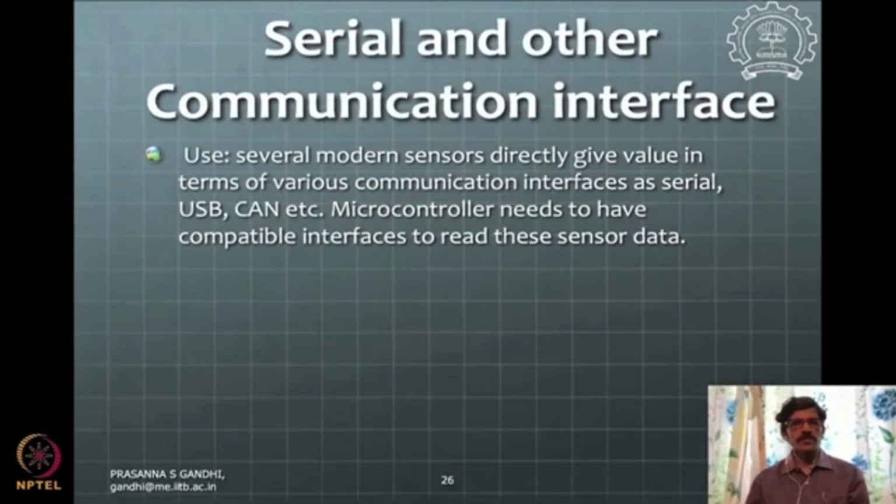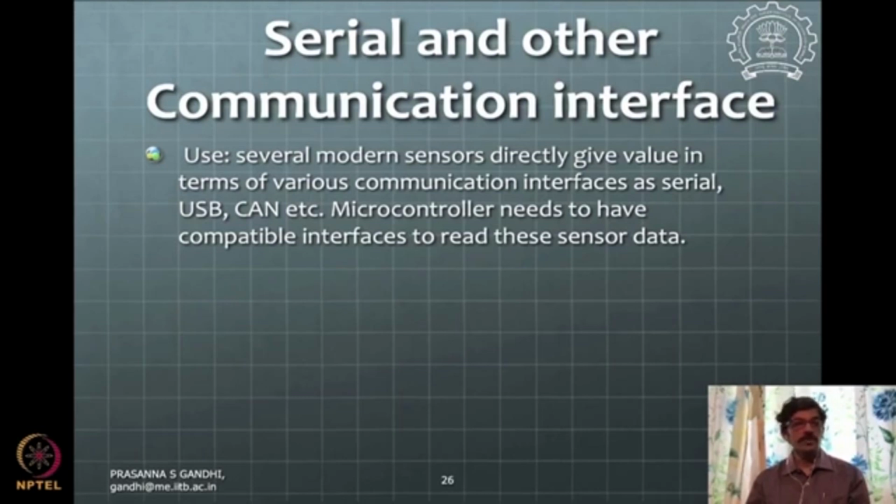Then you can have serial and other kinds of communication interfaces which are nowadays available, like USB communication or CAN communication. Okay, so this is Controller Area Network, a communication interface that has been specifically designed for automotive control systems. So these are all different kinds of interfaces that are possible for serial and other communication.